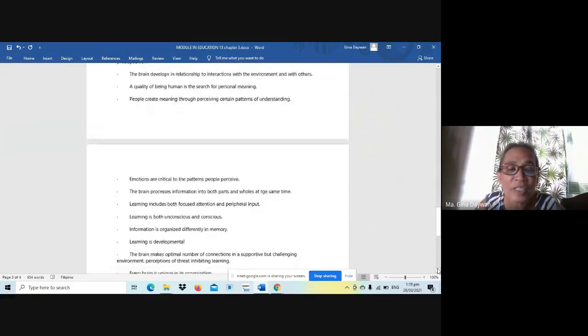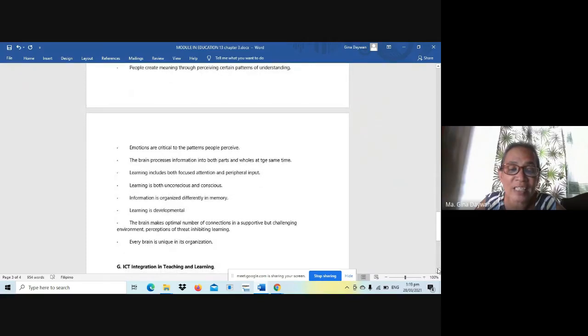Right? Emotions are critical to the patterns people perceive. The brain processes information in both parts and wholes at the same time. Learning includes both focused attention and peripheral input. Learning is both unconscious and conscious.